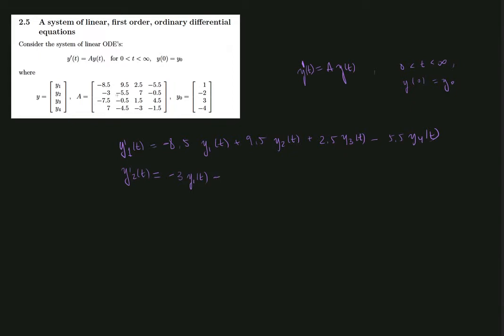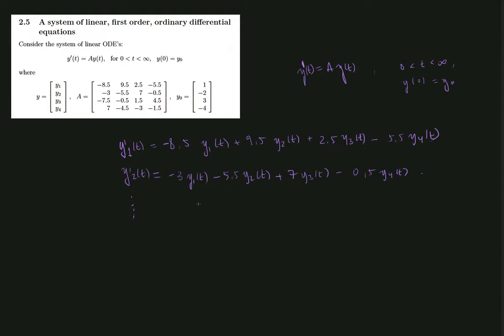So I'm taking the second row here. The second row gives me the coefficients for y2 prime of t. So minus 5.5 times y2 of t plus 7 times y3 of t minus 0.5 times y4 of t, and so on and so on.